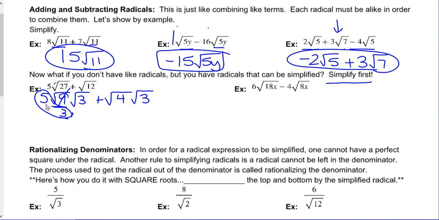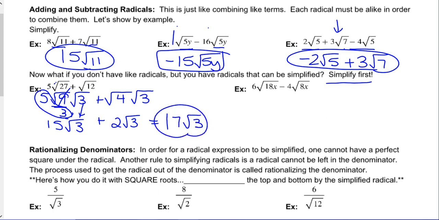So I have to do the 5 times the 3 and give me a 15 square roots of 3, because here's my leftover, plus the square root of 4 is a 2 square roots of 3 after I rewrite that. And now, can I combine them together? Absolutely, because there's both square roots of 3. So 15 root 3 plus 2 root 3 gives me 17 root 3, and that would be my final answer.